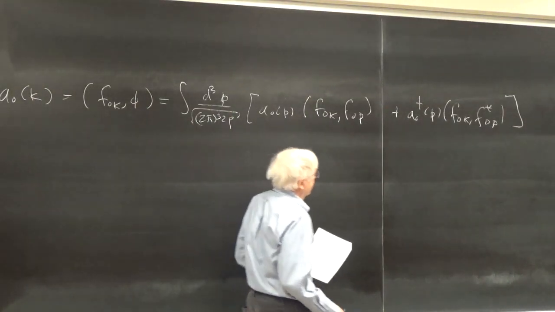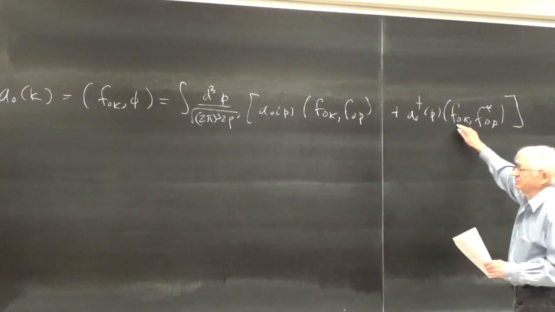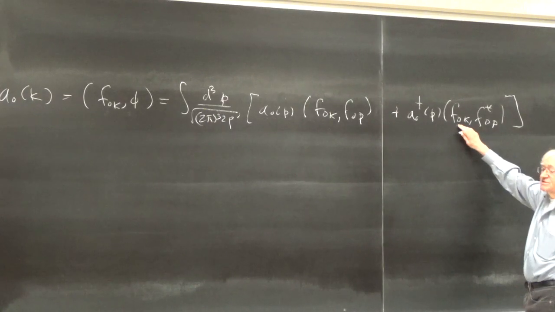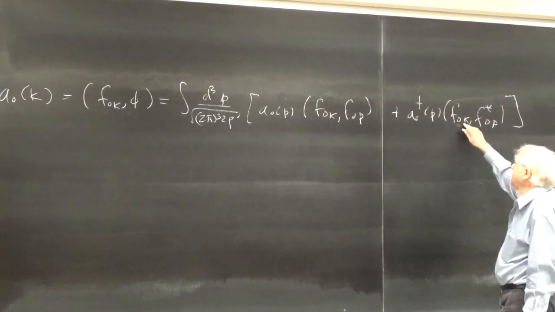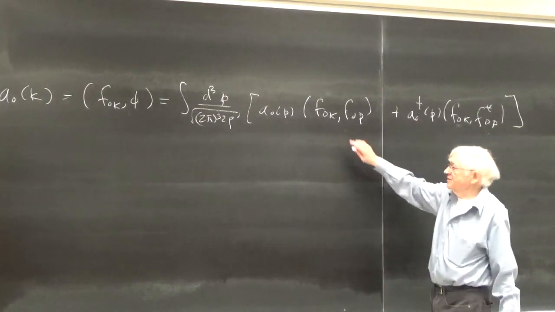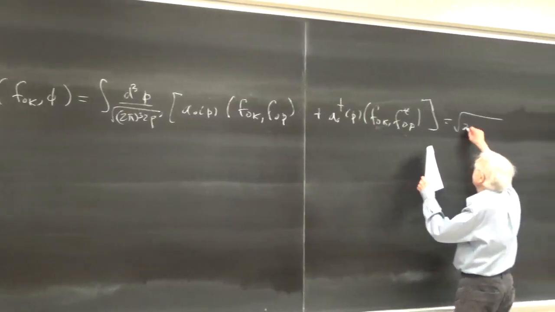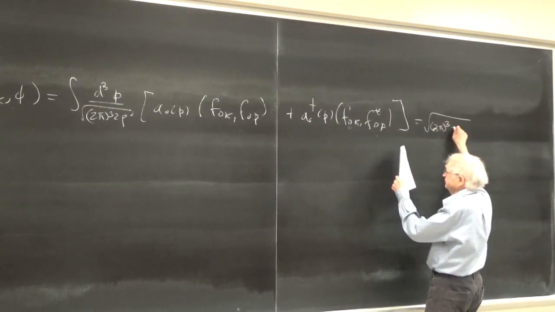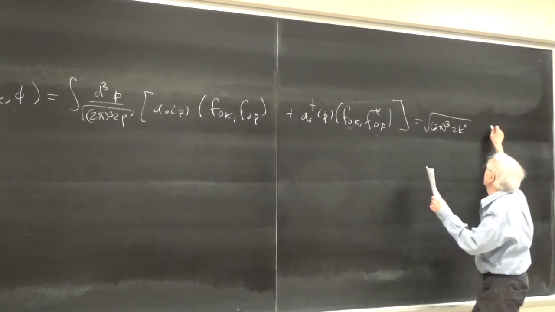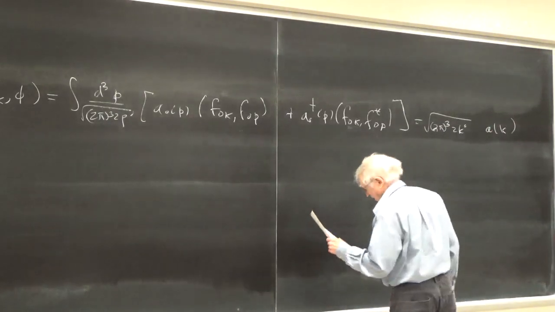And you see, if you just use these normal flat space mode functions, just the phase factor e to the i k dot x, this term will be 0, and this will give us a delta function. And so this gives us square root of (2 pi)^3 2k0 A0 of k.